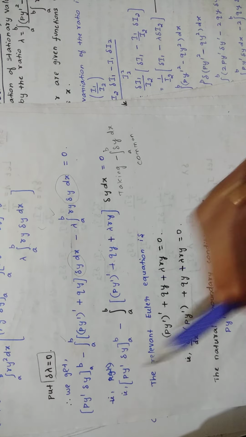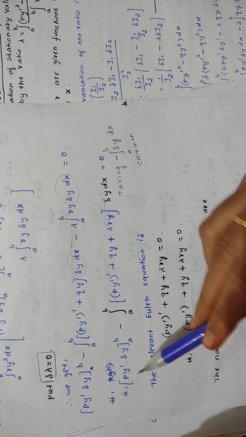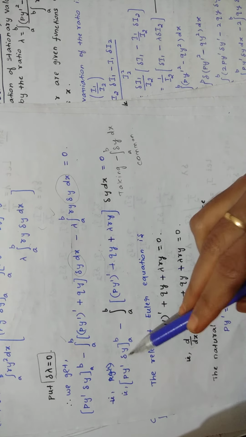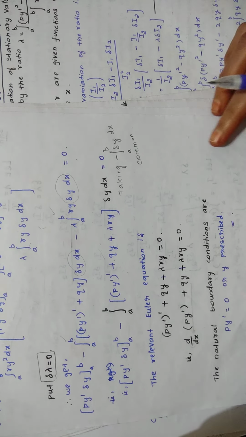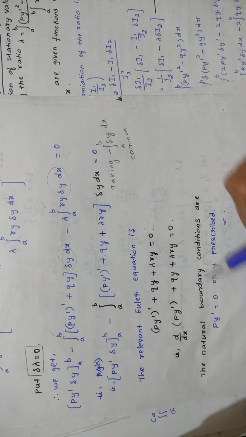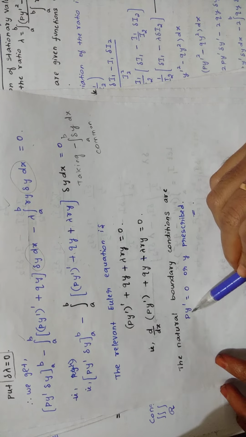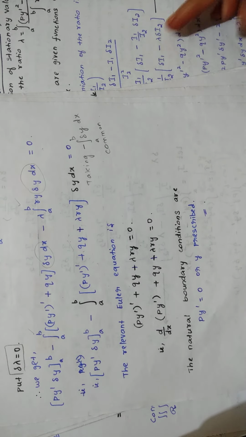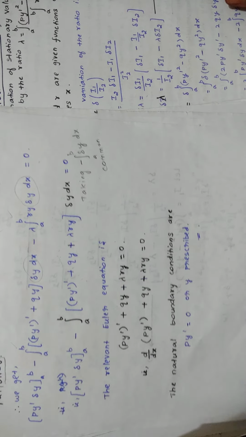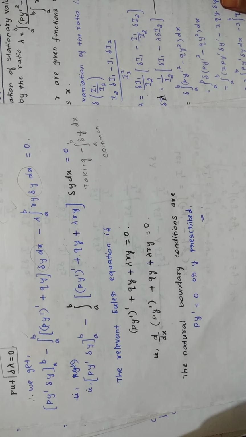Now from here you can write one of the boundary conditions, that is, the coefficient of delta y is one of your boundary conditions. So just write it. The natural boundary conditions are p y dash equal to 0 or y prescribed. This is how you will finish writing the solution of this statement or problem, whatever it might be.